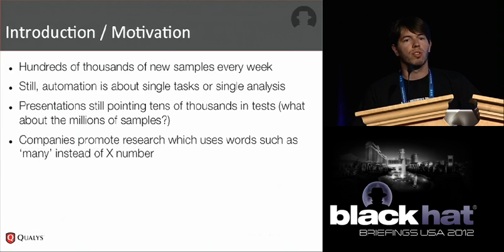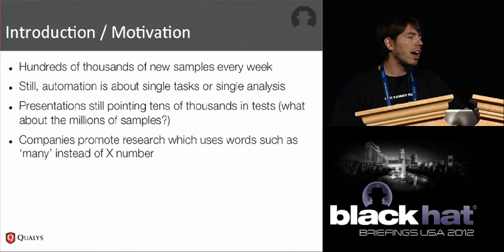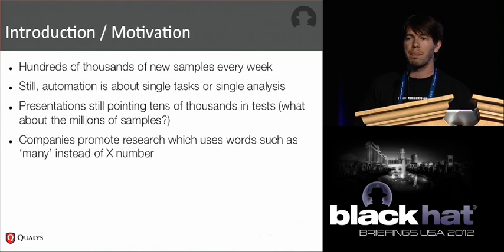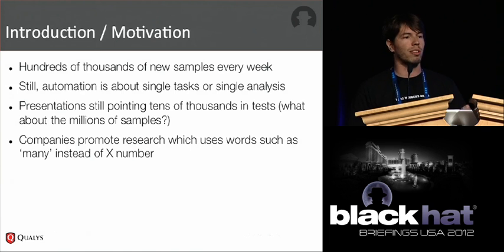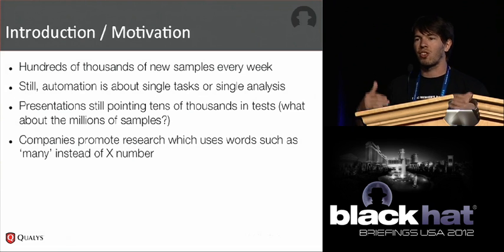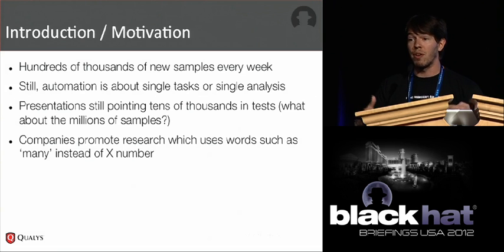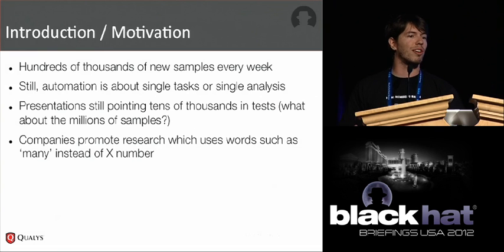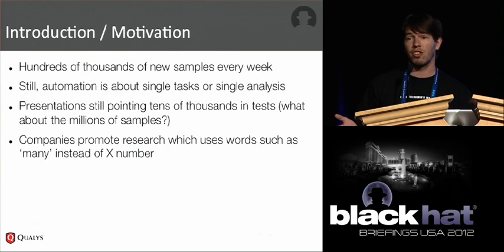We need more talks about the process, and to put a more scientific approach on it. Because I don't like when I see the industry talking about tens of thousands of samples every week, but when they show you the research, the numbers are only about 1,000 samples, or maybe tens of thousands.